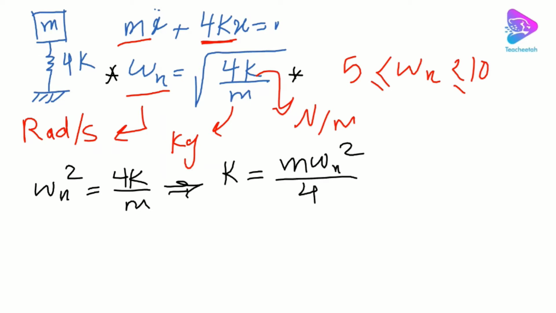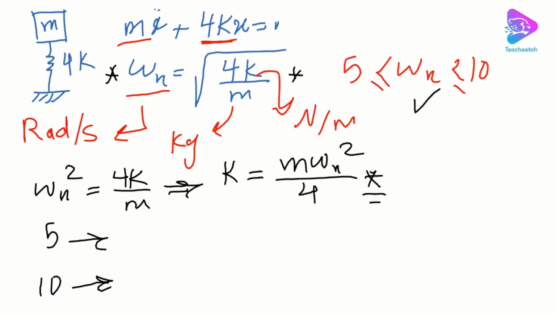Very easy, right? I just use cross multiplication and divide by 4. So we also need to satisfy this condition, right? So let's use 5 as omega n and find K based on this equation, and then use 10 in this equation and find K. If we plug in 5 and 10 as the lower bound and upper bound of the natural frequency, we can calculate K.